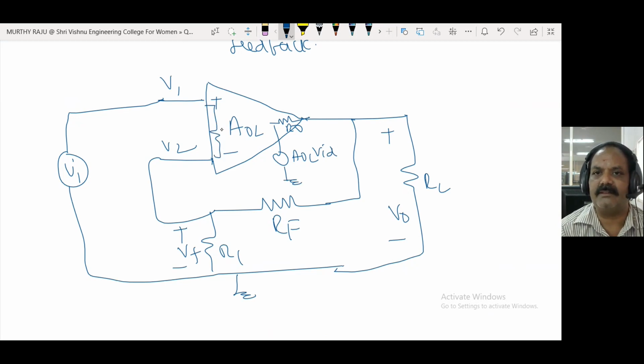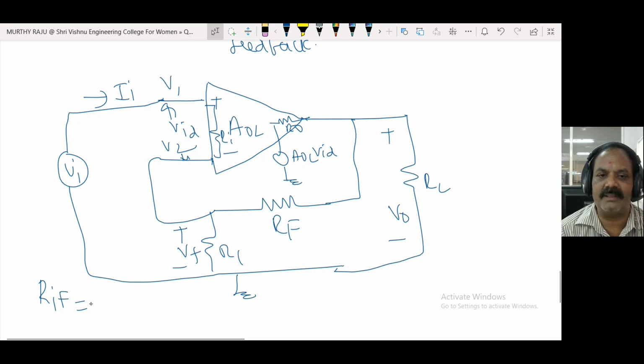This one is RA resistance. This one is VAD. The current coming from VA is IA. Therefore, RIF at the input side is equal to VA by IA.